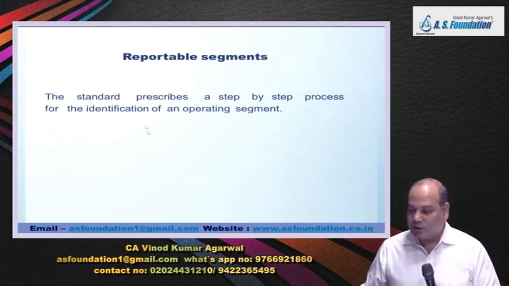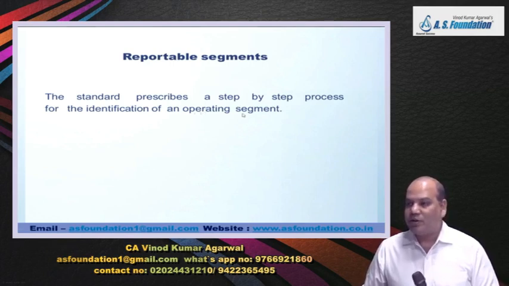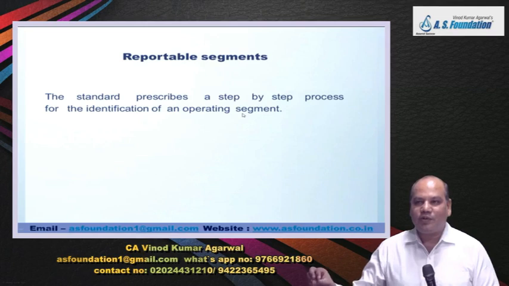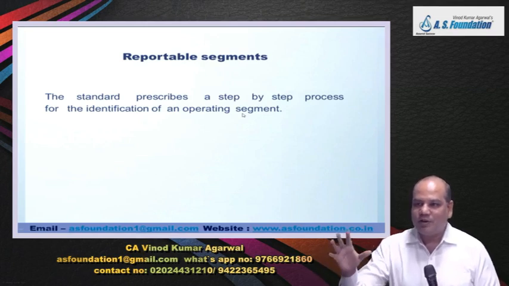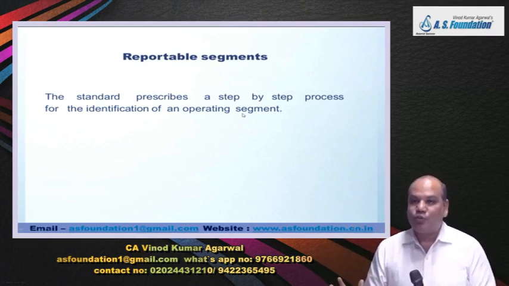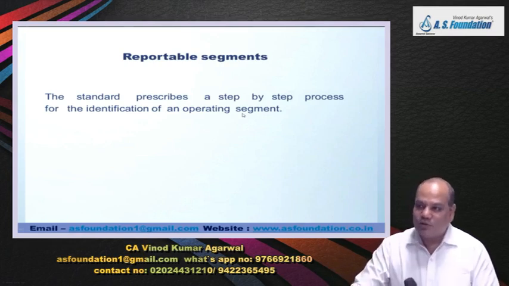Then what are reportable segments? There are hundreds of segments in a company, for example. If not 100, let's say 40 segments are there, 20 segments are there. Are we supposed to give disclosure about all these operating segments?